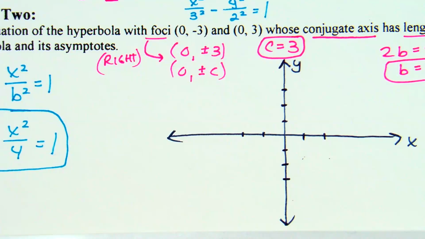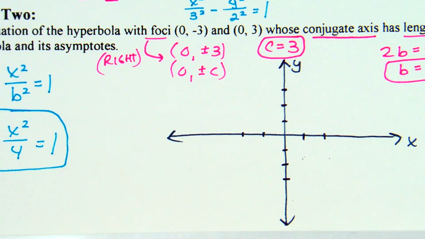A, B, and C values work very similar on hyperbola as they did on an ellipse. Remember, what did those A, B, and C values tell you? Or A and B tell you how far to count out, right? Either count up and down or left to right, depending on the situation.